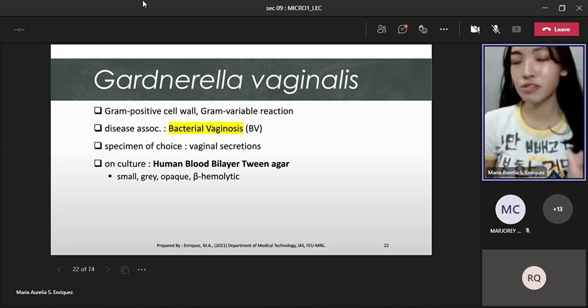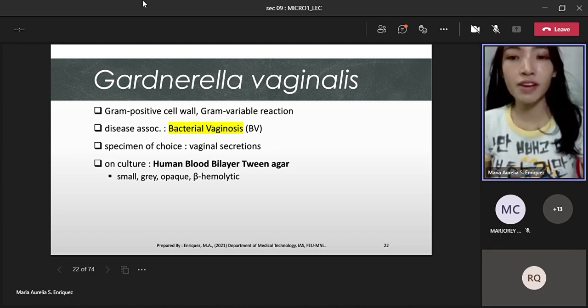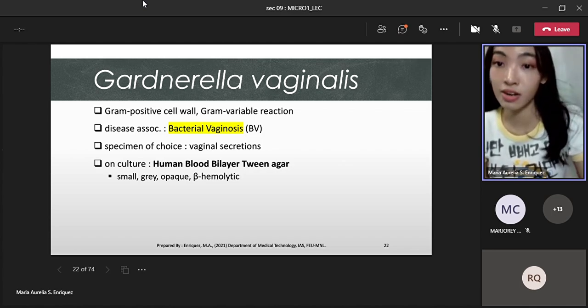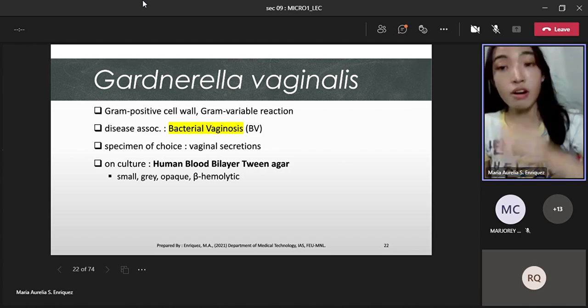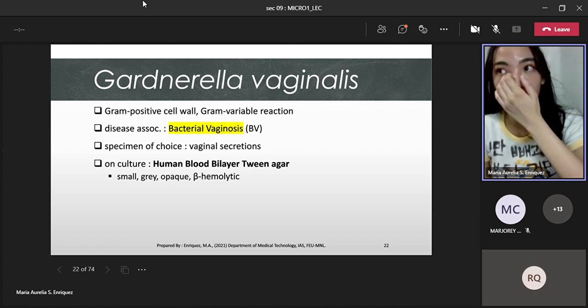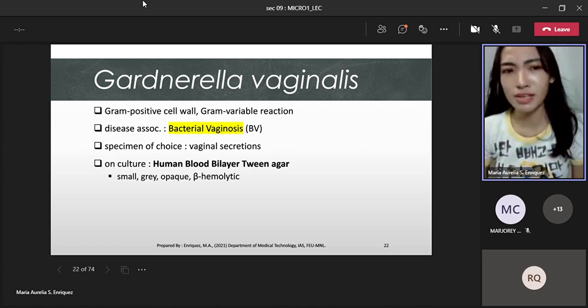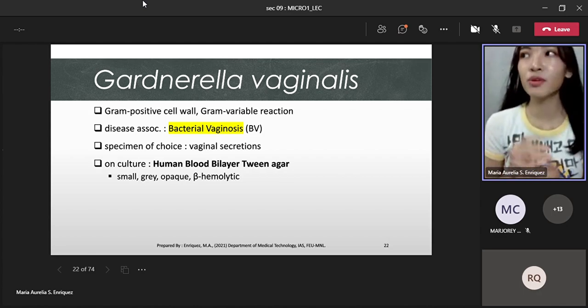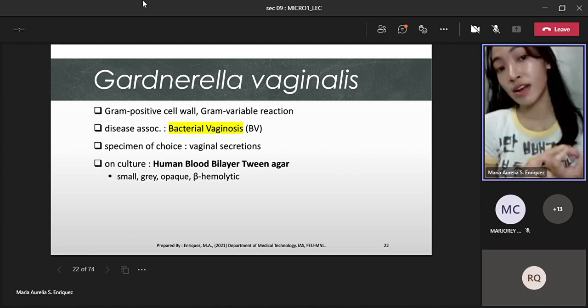So for many years, or in the past, Gardnerella vaginalis was thought to be the only causative agent of bacterial vaginosis. However, further studies were able to confirm that bacterial vaginosis is actually a polymicrobial disease. So kasama lang po dito, or isa lang dito, yung Gardnerella vaginalis.